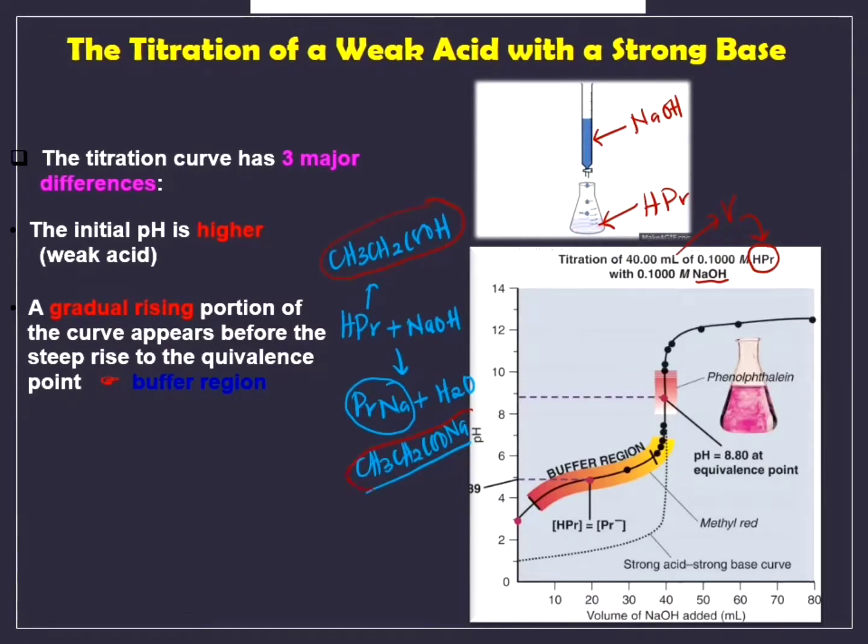bertemu dengan salt dia, di mana dalam salt ni ada CH3 CH2 COO minus, which is refer to the conjugate base of the weak acid. So bila weak acid bertemu dengan conjugate base dia, ini menunjukkan wujudnya buffer solution.